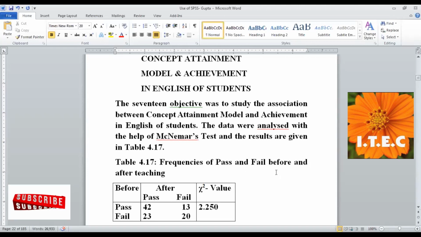Frequency of pass and fail before and after teaching. Or I should say, the chi-square value, frequencies and chi-square values.